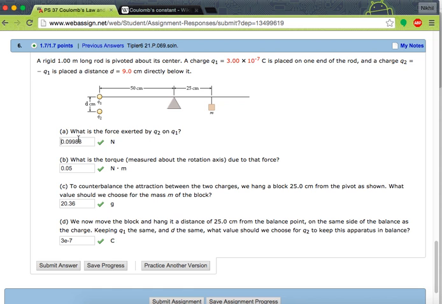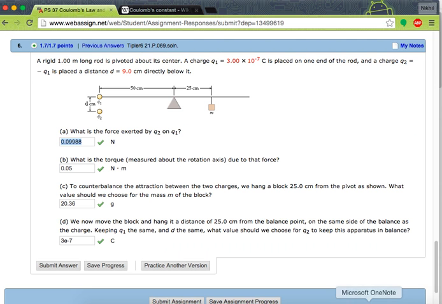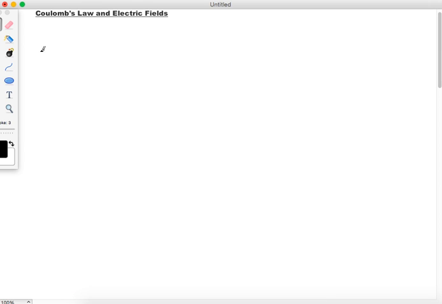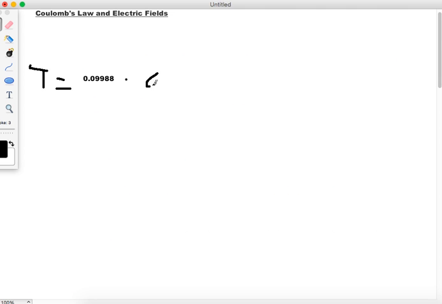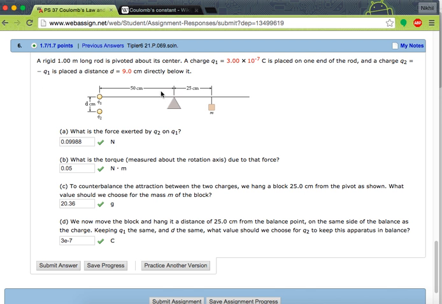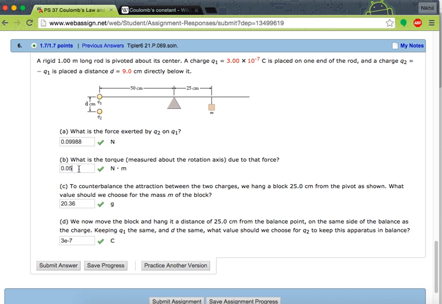So torque is equal to part A's answer times 0.50 meters, and that will give you this torque.